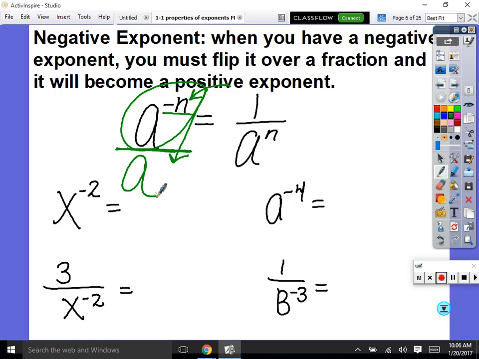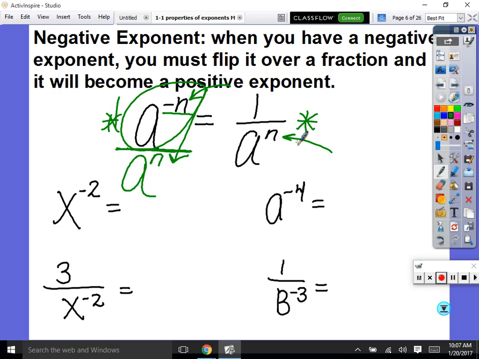Now, because I flipped it, it makes it a positive exponent, but the base is now on bottom of the fraction. We can't just say there's nothing left on top, because there's a 1 always left on top. So 1 is still up there. Do you see how that fixes it, everybody? So this would be a better answer than this, because this has a positive exponent, but it is flipped over a fraction. So let's do this one.